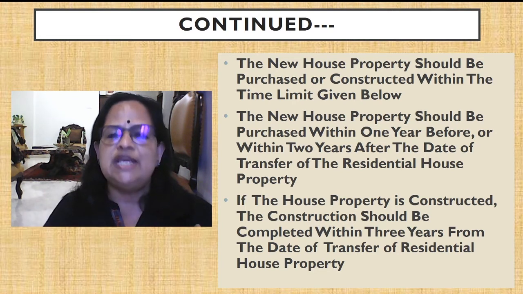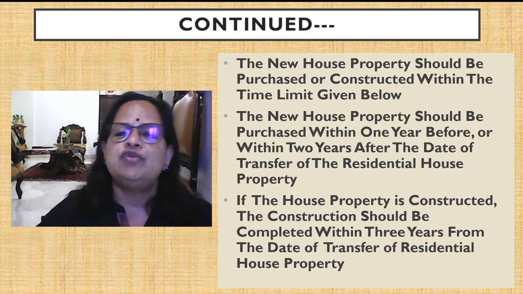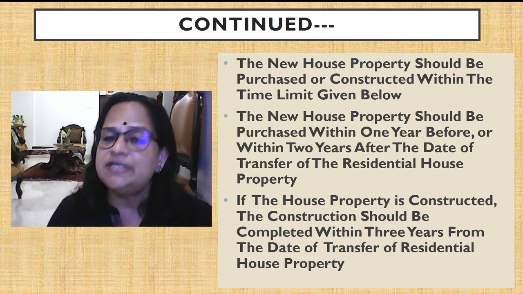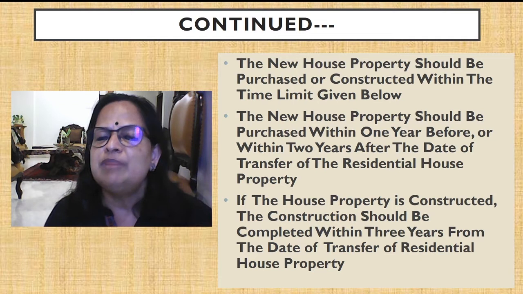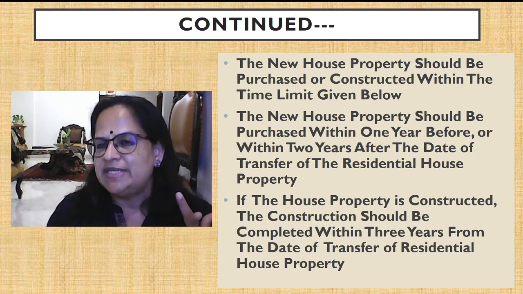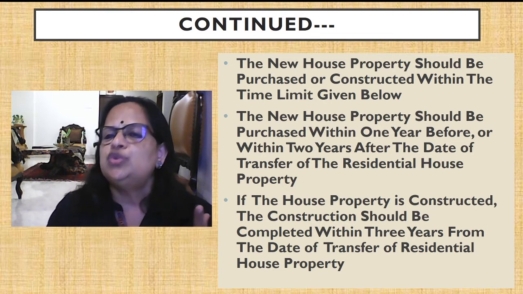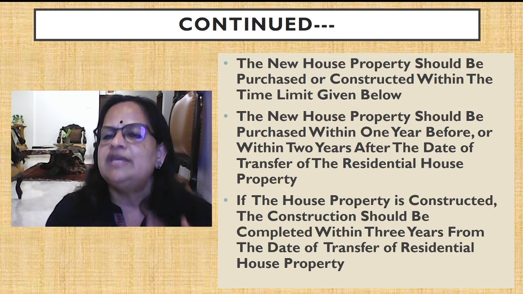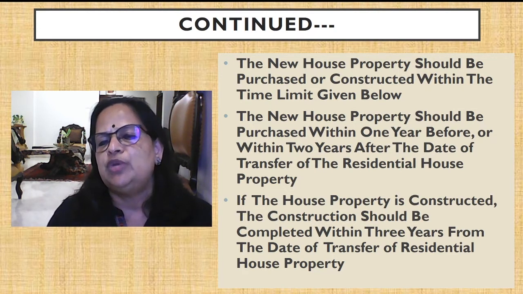After selling your existing house property, you can wait for another 2 years if you're buying another house property. Or if you're going to construct a house property, you can take minimum 3 years. So here it's important: 1, 2 and 3. 1 year before the sale of existing house property, 2 years after the sale of existing house property, or 3 years if you're constructing the new house property.